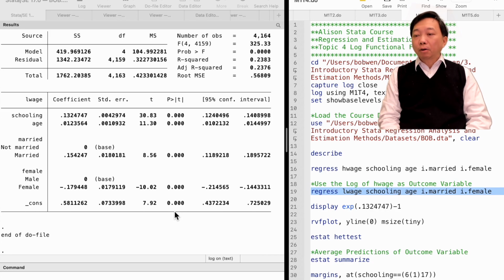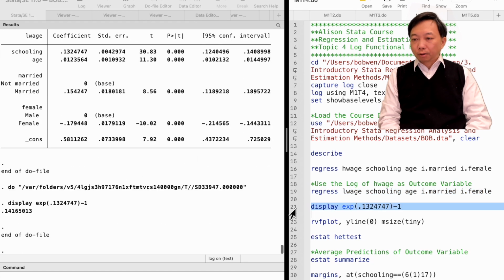When the log of hourly wage is used as an outcome variable, the coefficients are the percentage change of hourly wage when the explanatory variable increases by 1 unit. For example, 1 more year of schooling completed increases hourly wages by 13.2%, or precisely 14.2% on average, holding other factors fixed.